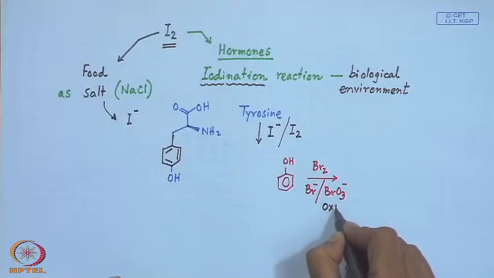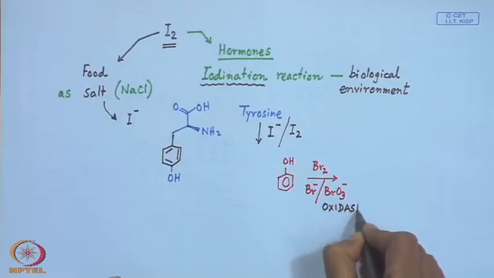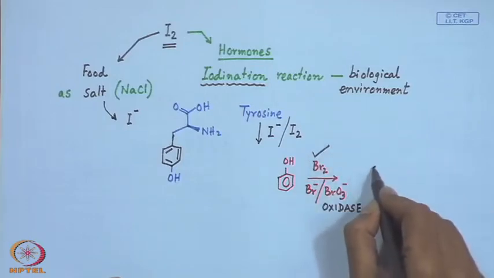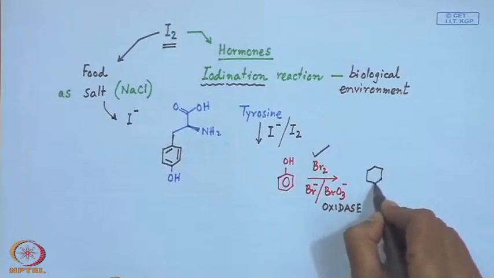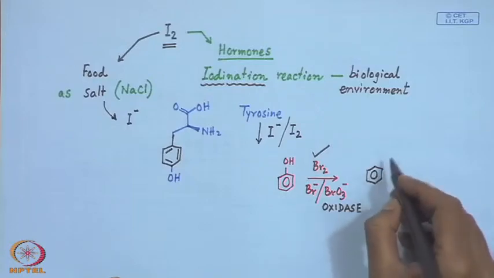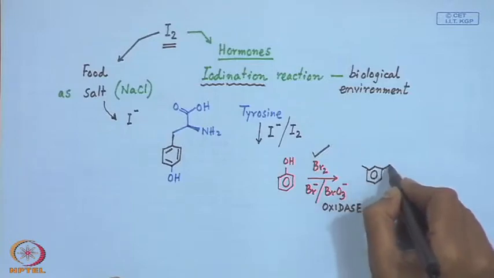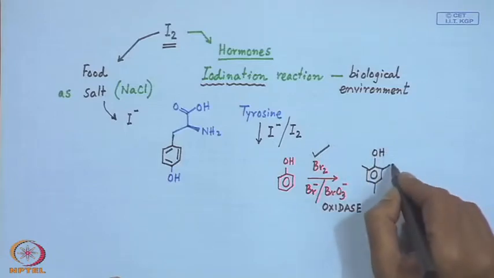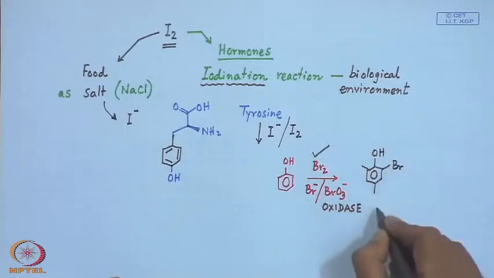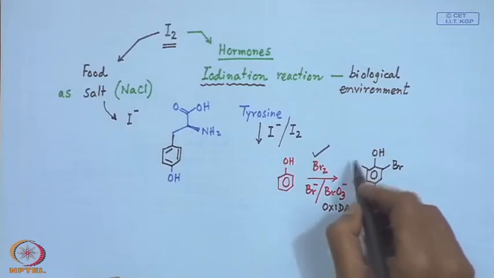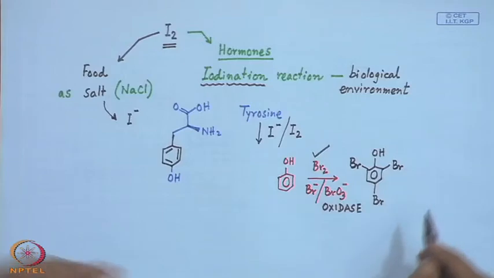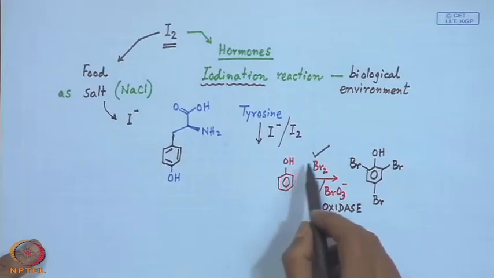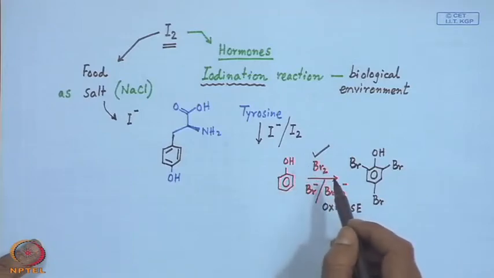So, bromate can function as a typical oxidant for the production of this Br2 molecule, and this is basically responsible for the substitution of these three positions with respect to the phenol OH function. So, we get straight away the molecule tribromophenol. This tribromophenol can very easily be made with the addition of bromine to the phenol molecule.